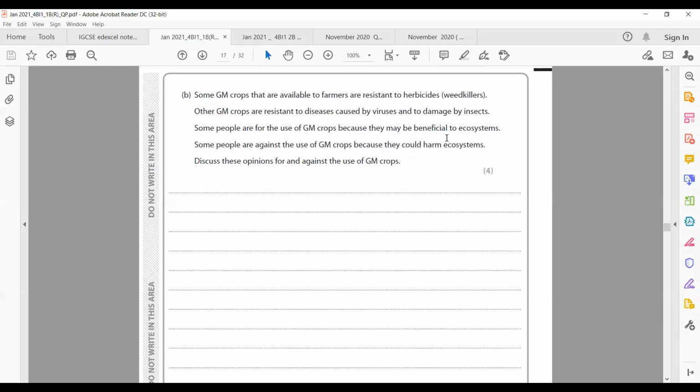Since it's genetically modified, it can have harmful effects on the human body that ingests it. Okay, but it was not proved.